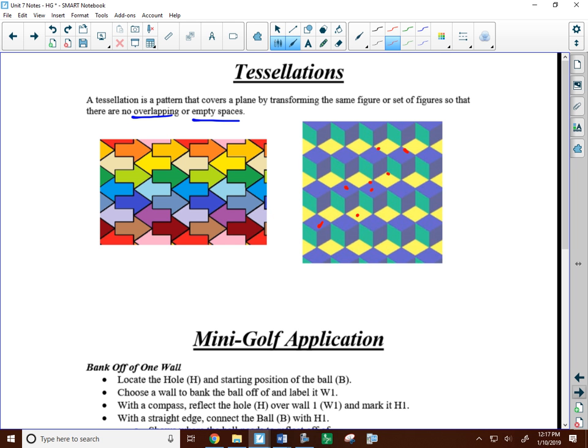One other thought about tessellations. Did anybody do this a couple years ago? Have you done them before? No. So I remember when I was, I don't know what grade, my teacher gave us squares, like 20 sets of squares, and you were supposed to cut out a certain shape.